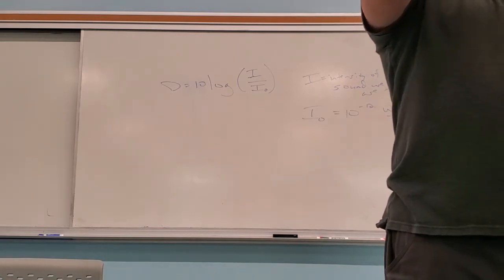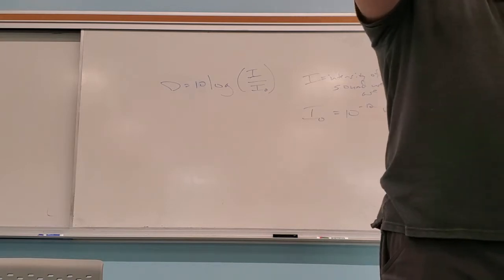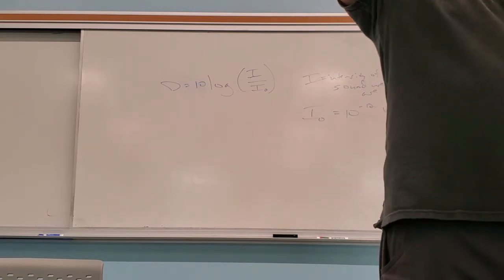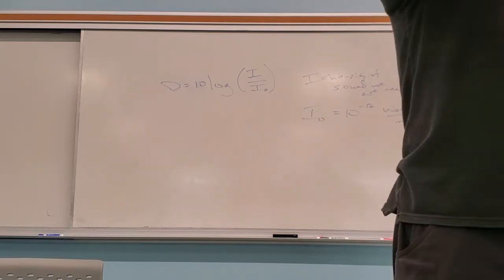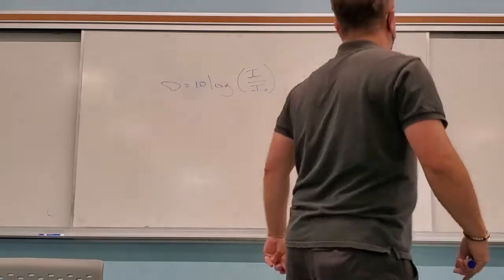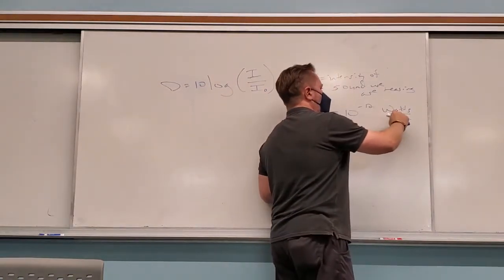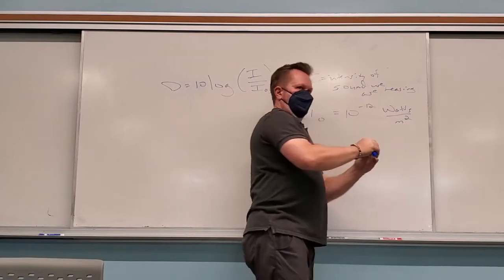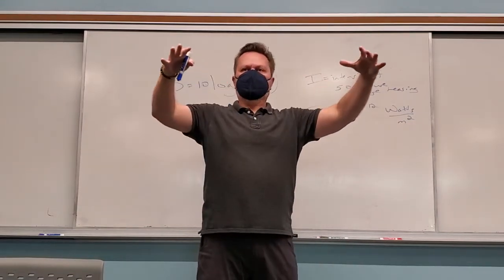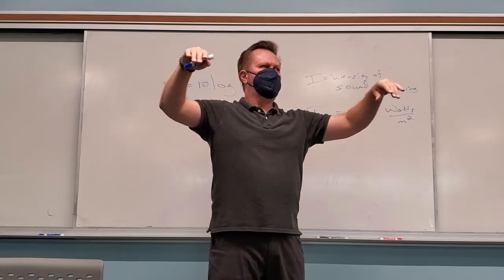Turn on a light, and of course the closer you are, the brighter it is, because as you move further away from it, the intensity of light has to cover a bigger area. Does that make sense? That's why these units make sense. Watts is like energy per second per area. So the further you are away from it, the less intense it's going to be.